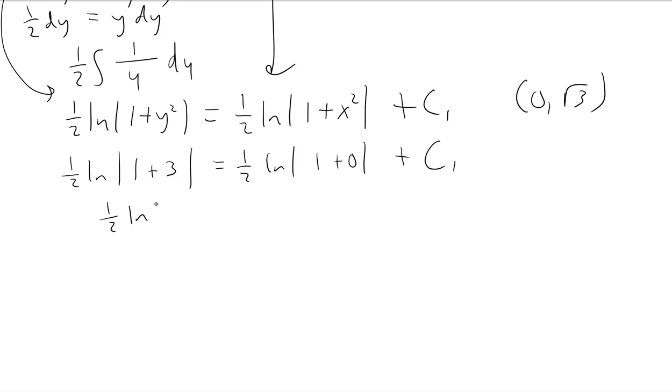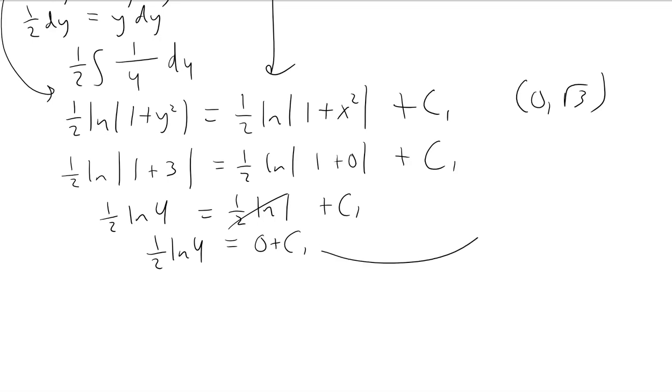So this would be 1/2 natural log of 4 equals 1/2 times natural log of 1. Natural log of 1 is 0 though, so looks like C1 is 1/2 natural log of 4.